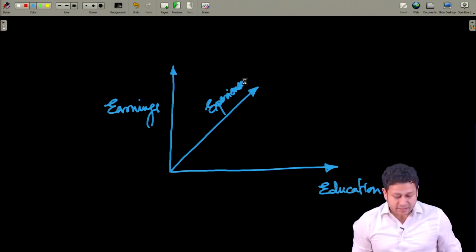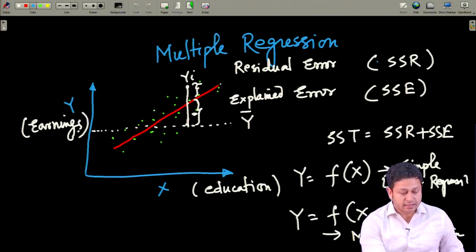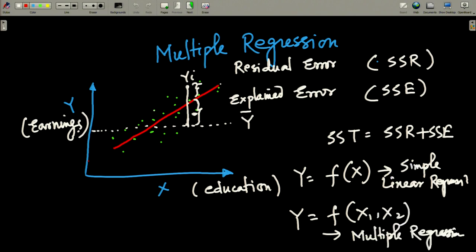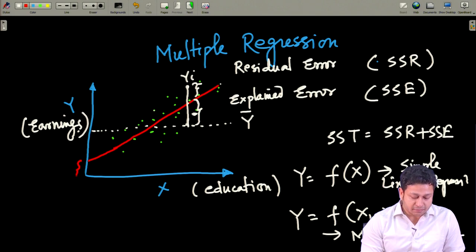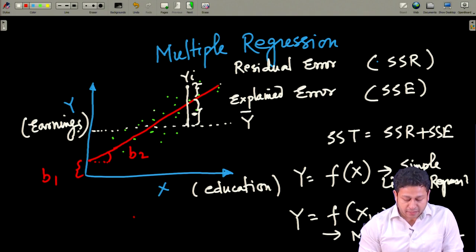So just like in the previous case, we had this line. Let's say we extend this line up to here, and we have this intercept term. Let's say we term it as b1, and then you have a slope, and this slope is, let's say, b2. So then I will write my regression line.